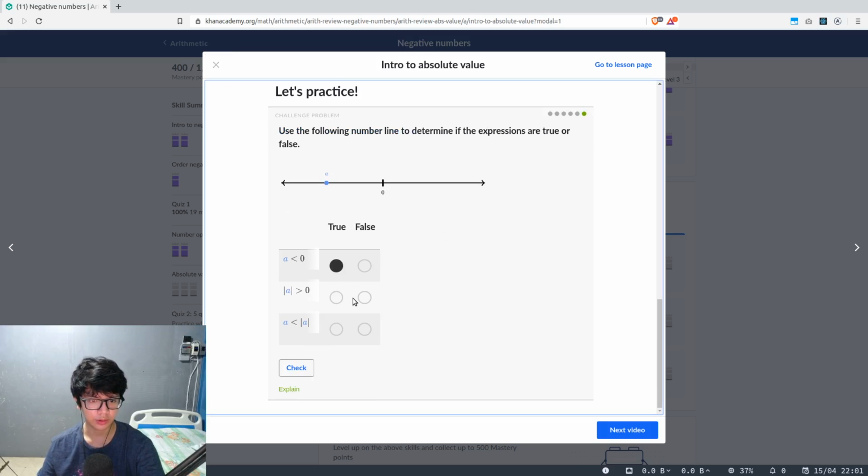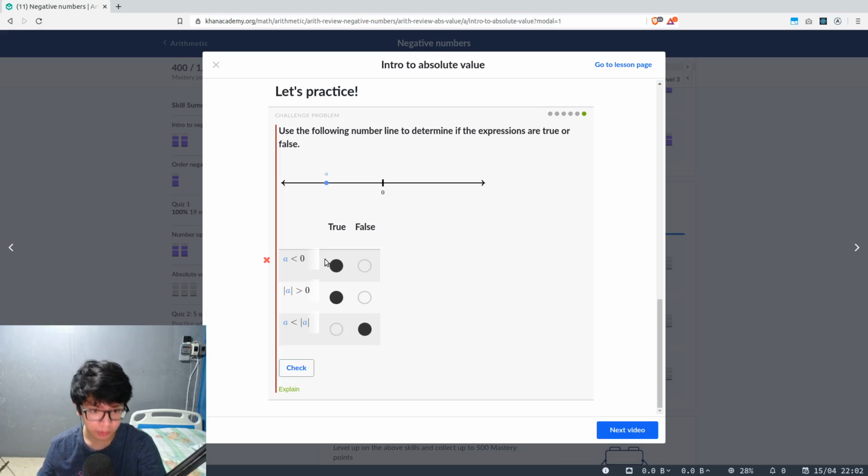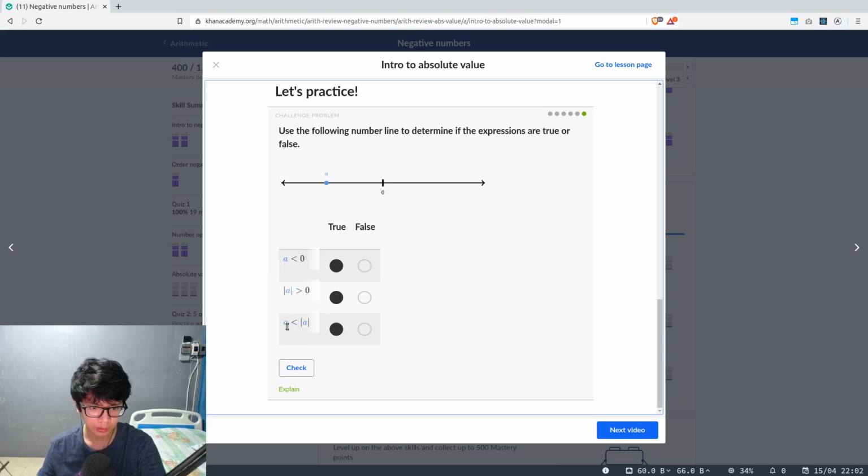A says 0. True. A is no, it's false. Wait, what? Okay, A is definitely less than 0. Opposite is 0. And I messed up on this one, I guess. A is less than. Oh yeah. Definitely.